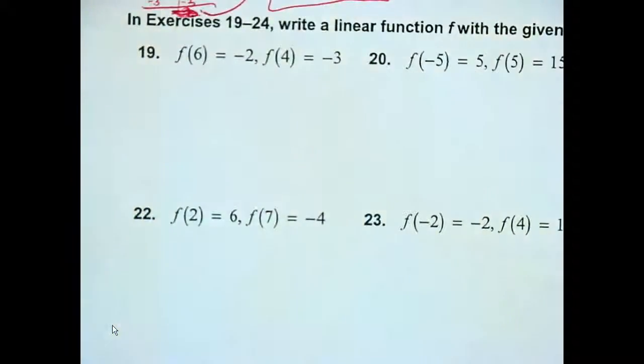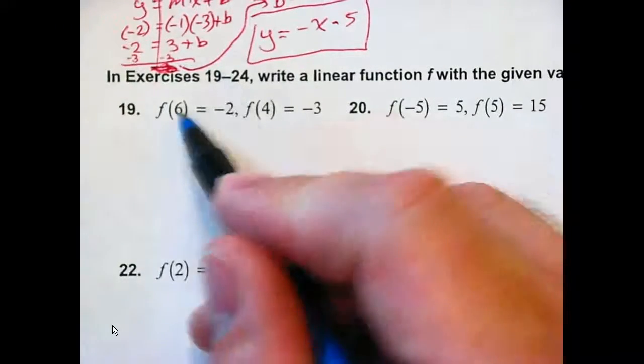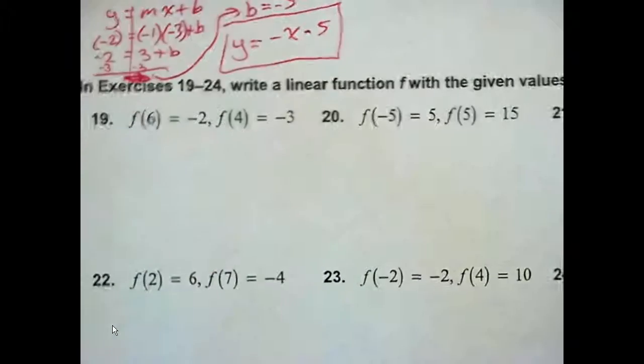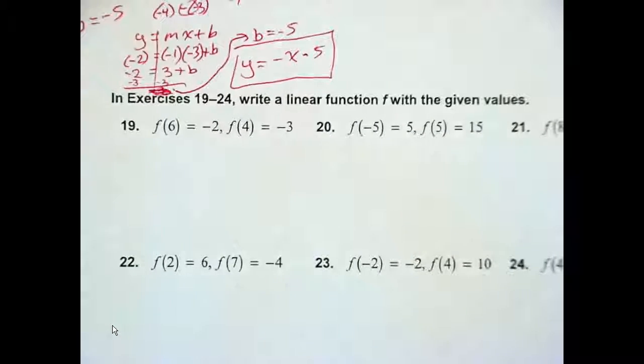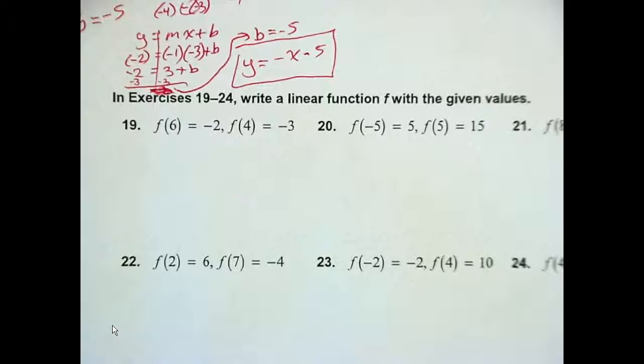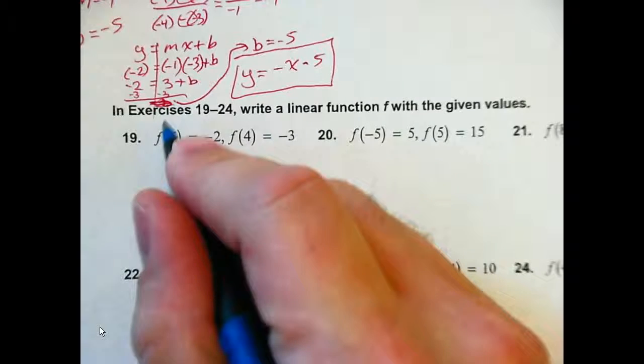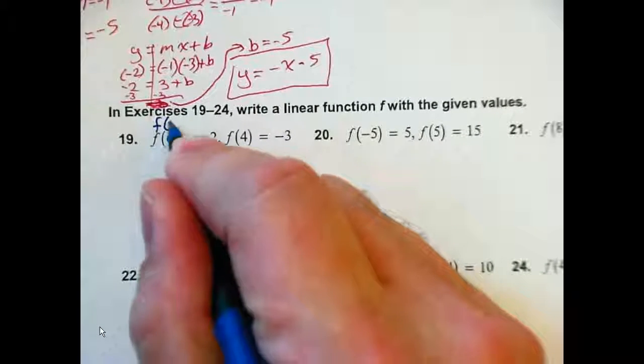Guys, next, number 19. Take a look at that. Tell your neighbor what this gives you right here. Write a linear function f with the given values. What does that give us? What does it mean, write a linear function? Write a linear equation. What is this right here? Usually we think of that as f of x.